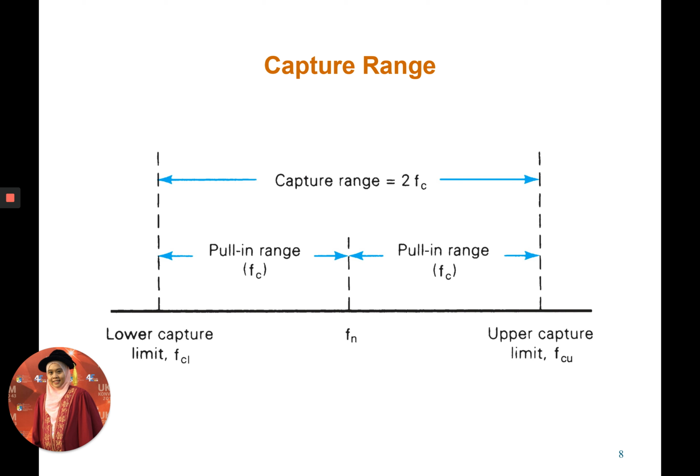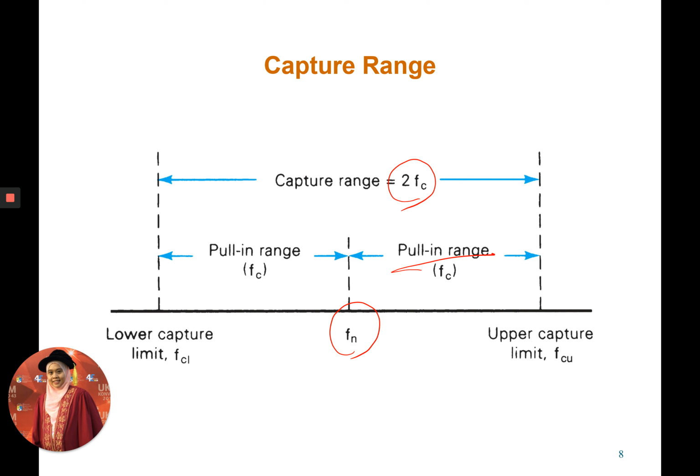So the pull-in range is basically half of the capture range. And this is the spectrum of the frequency that is covered under the capture range. So the capture range basically is 2 times the carrier frequency, and half of that will be the pull-in range. It must be calculated or defined based on the Fn, the natural frequency of the VCO.